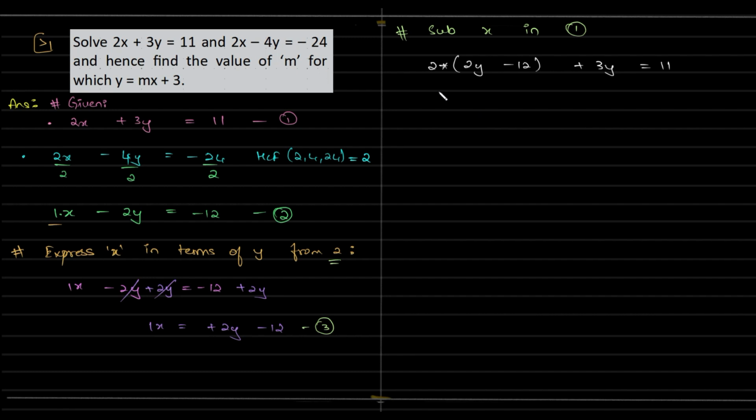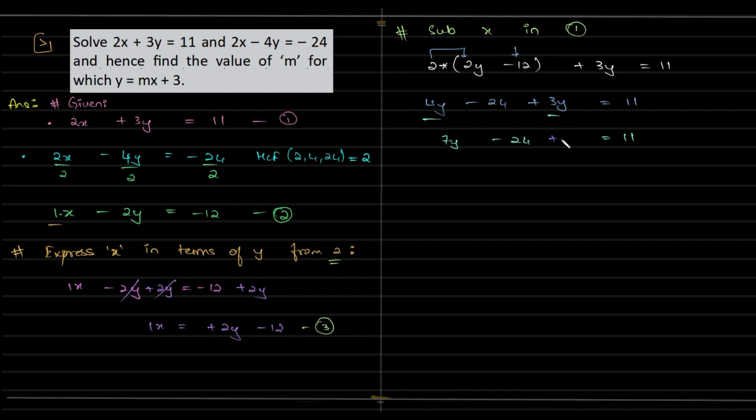On further solution, using the distributive property, we get 4y minus 24 plus 3y is equal to 11. So 4y and 3y is 7y minus 24 is equal to 11.